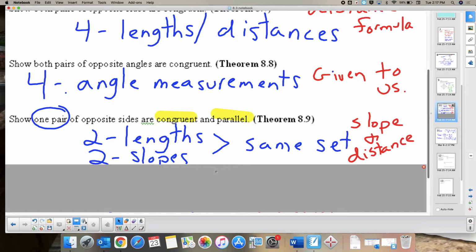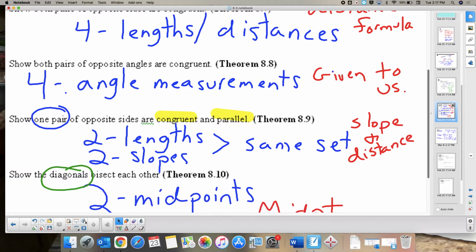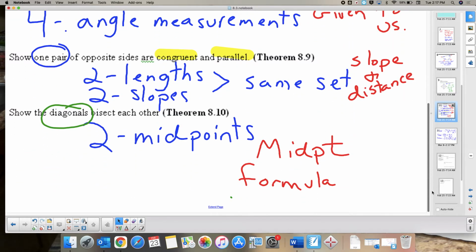Now, your final way to show you have a parallelogram, the last option, is to show the diagonals bisect each other. To show that, you show that they have the same midpoint. If two diagonals bisect each other, they must have the same midpoint. So that's the third formula you will need, is your midpoint formula.